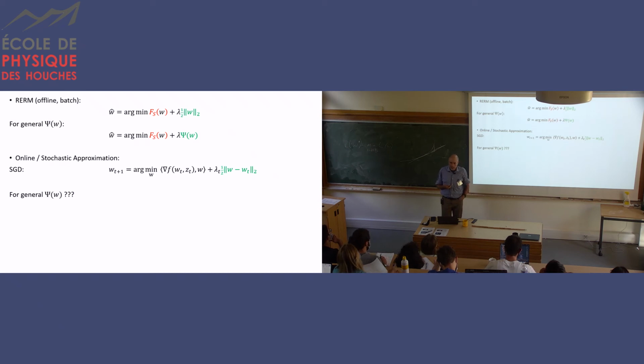Really what we want to get at, and I'm seeing I don't have much time, is to think about stochastic gradient descent as an optimization algorithm. We already said that stochastic gradient descent in some sense has the squared Euclidean distance as an effective regularizer at each step.